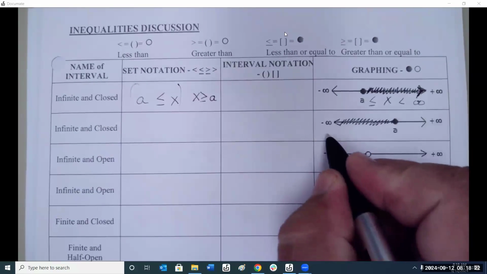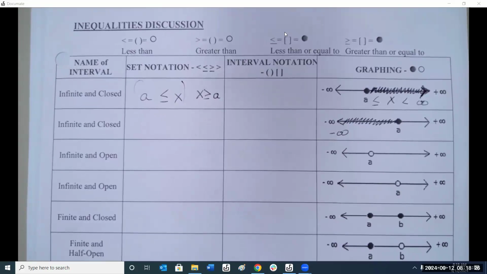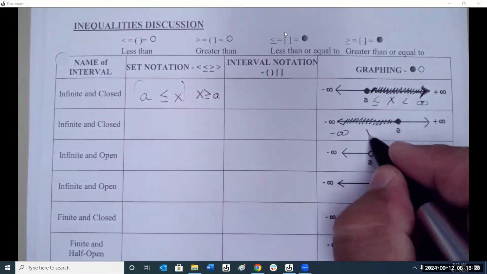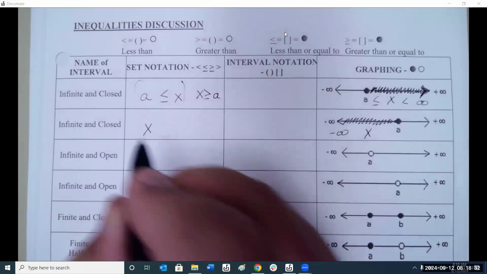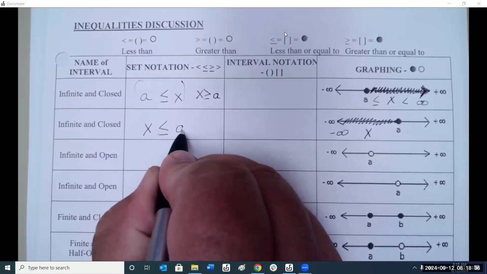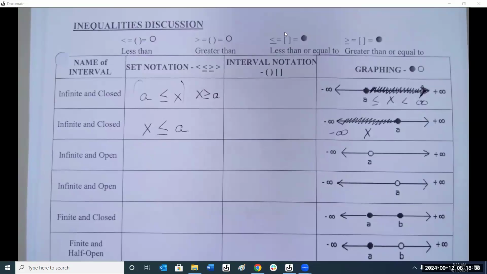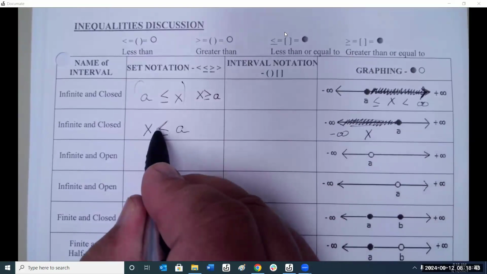We're going to the left of A now. So X is less than or equal to A. It shades in that area, so it's pointing to the left.